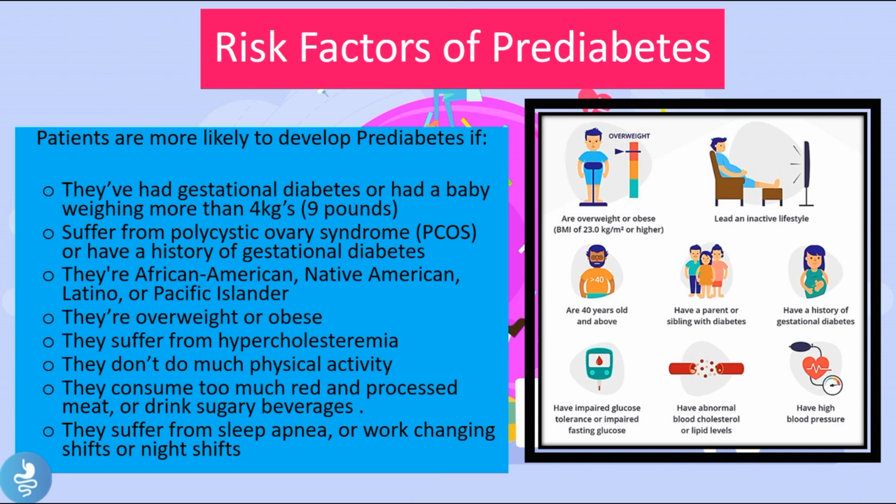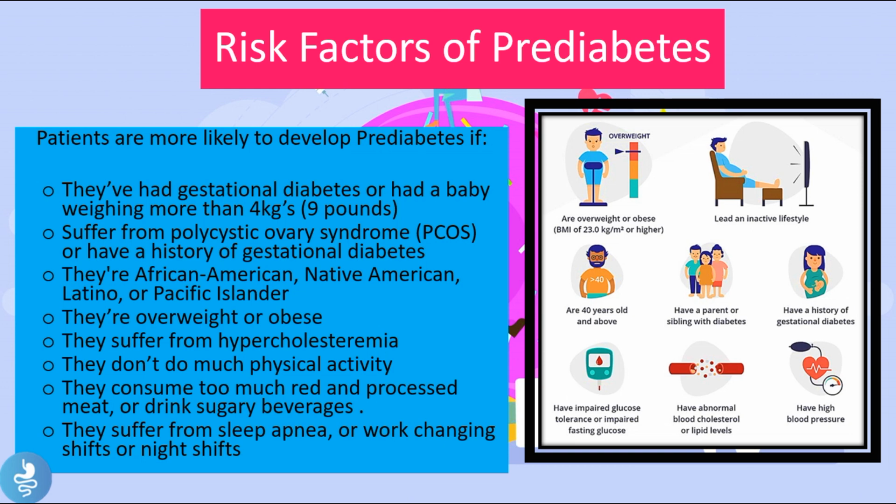So what are some risk factors of developing prediabetes? Patients are more likely to develop prediabetes if they've had gestational diabetes or have had a baby that weighs more than 4 kilograms, which is about 9 pounds. If they suffer from polycystic ovarian syndrome, they are African American, Native American, Latino, or a Pacific Islander.